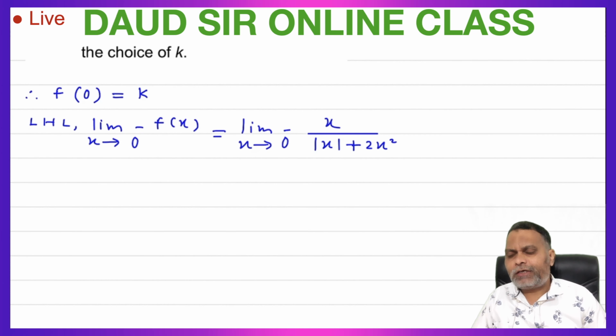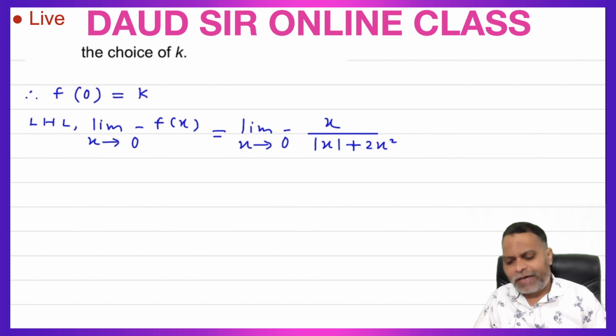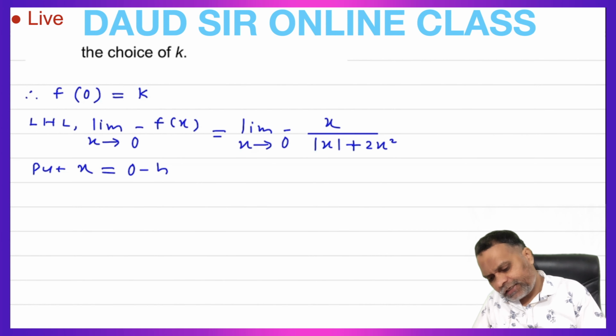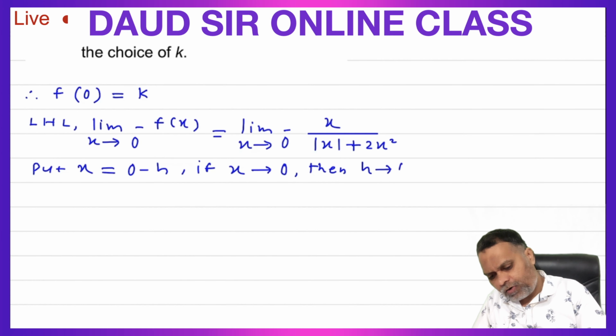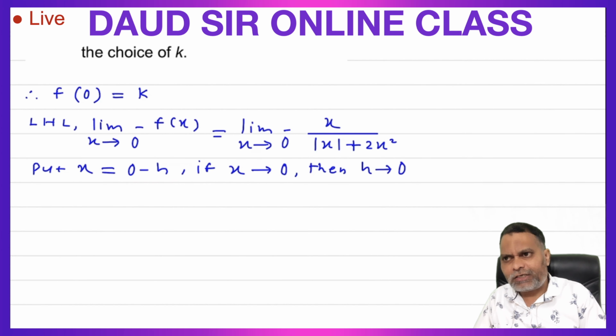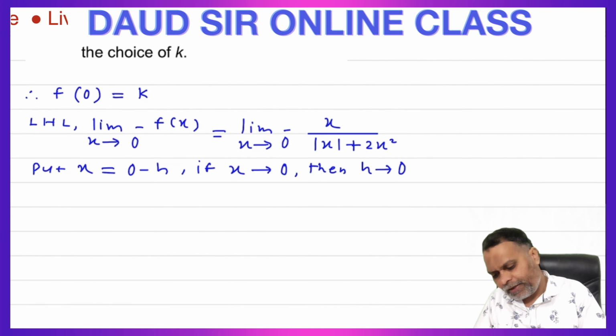For left hand limit, we have to substitute x is equal to a minus h. Here a is equal to 0. So put x is equal to 0 minus h. Change tends to, if x tends to 0, then h tends to 0. How? Put this 0 minus h here, 0 minus h tends to 0, that is minus h tends to 0, that is h tends to 0.